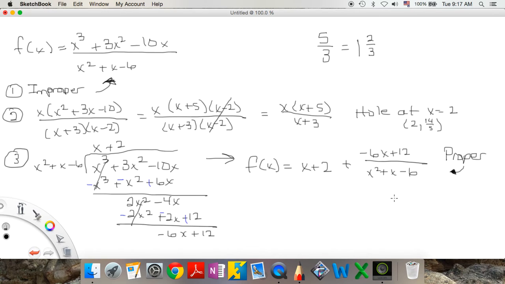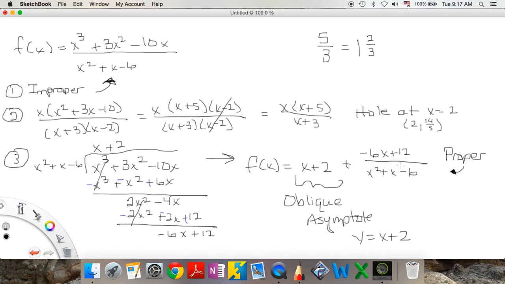Now, how does that help us? Well, whatever you have here, this whole part, that is your oblique asymptote. Now, if you have a number there, that will be your horizontal asymptote. But because we have this line, y equals x plus 2, that's an oblique asymptote.